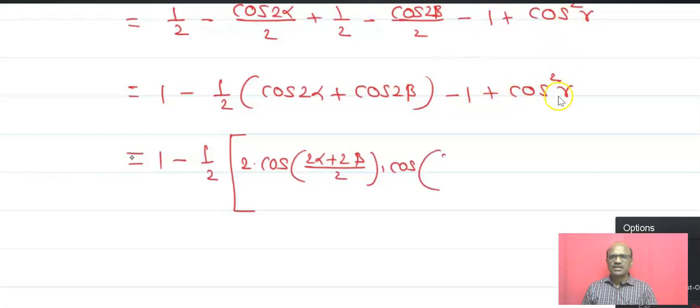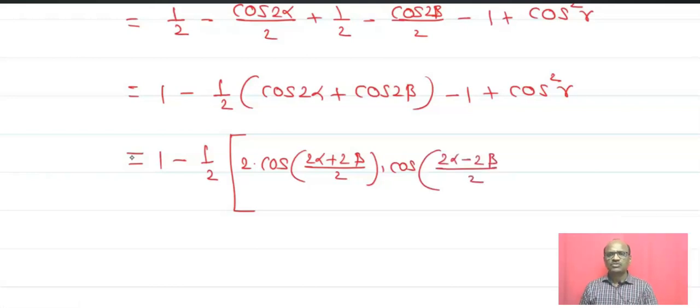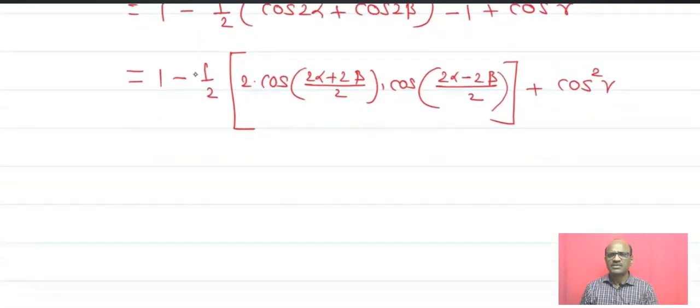plus cos square gamma. Next here we will apply the formula for cos C plus cos D, that is 2 times cos of C plus D upon 2 into cos of C minus D upon 2. Now here it's cos square gamma and minus 1 is here.